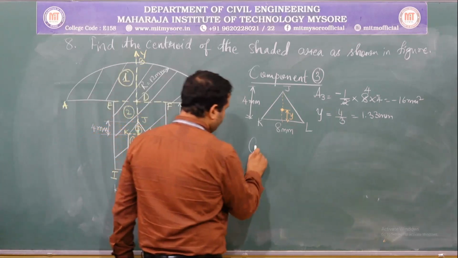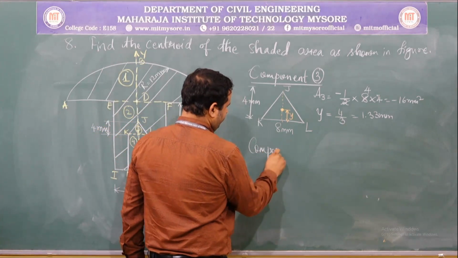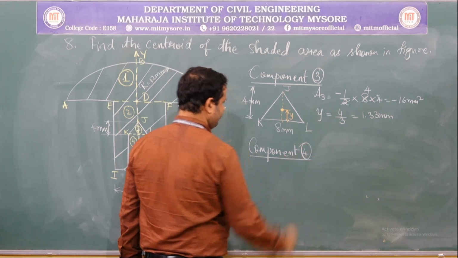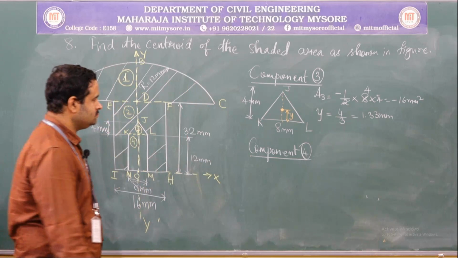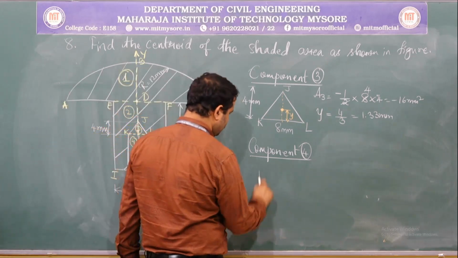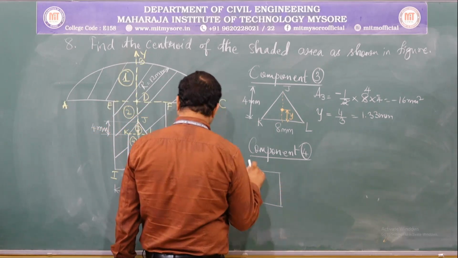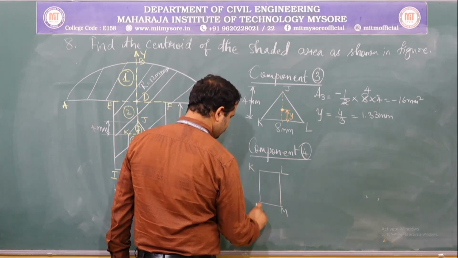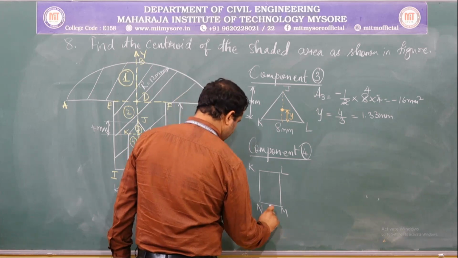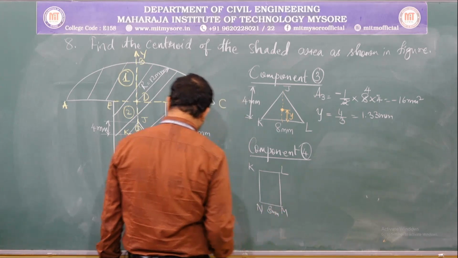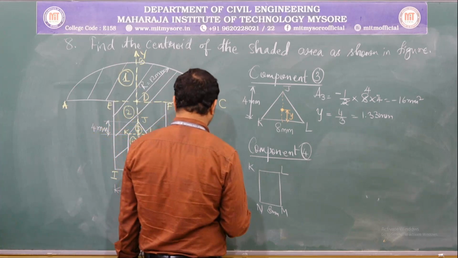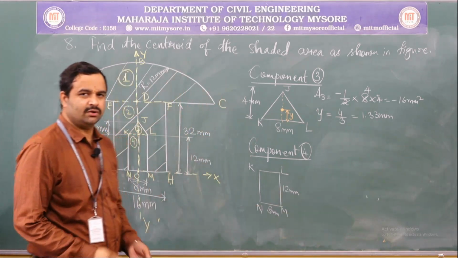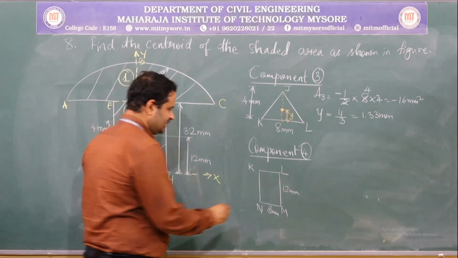Now, component 4. Component 4 is again a rectangle K, L, M, N, and it is 8 mm by 12 mm. So, where does the centroid of a rectangle lie? It exactly lies at center.